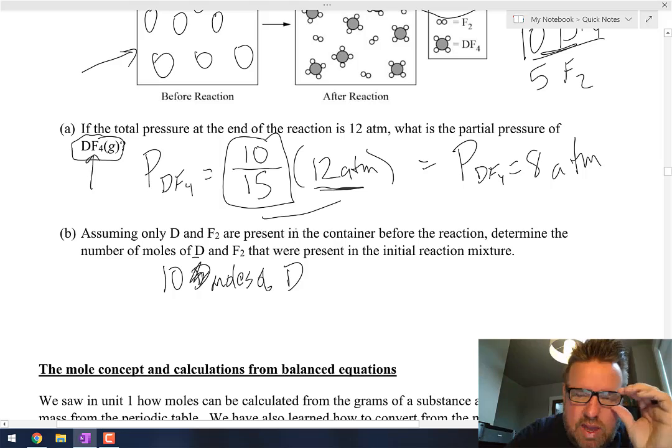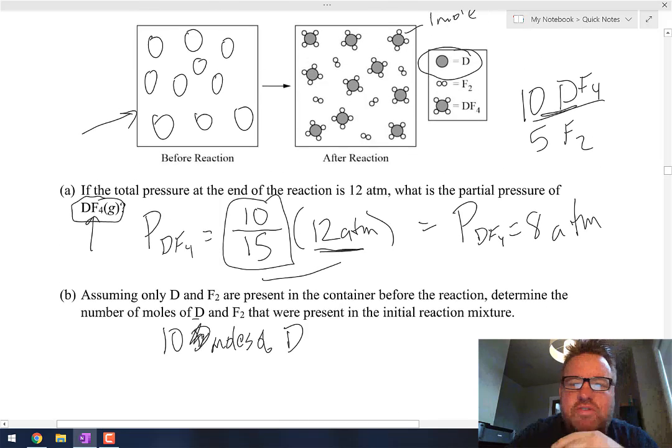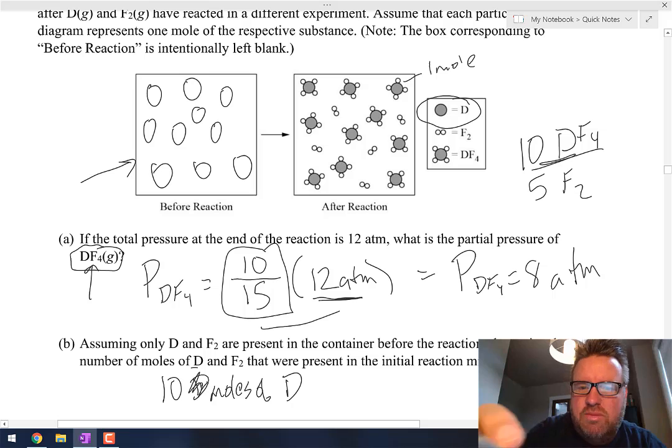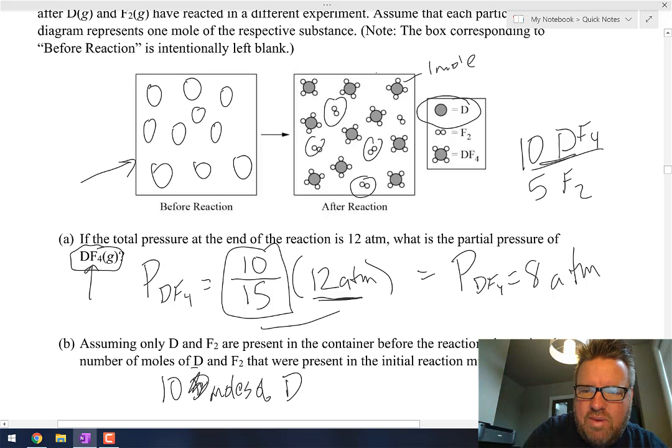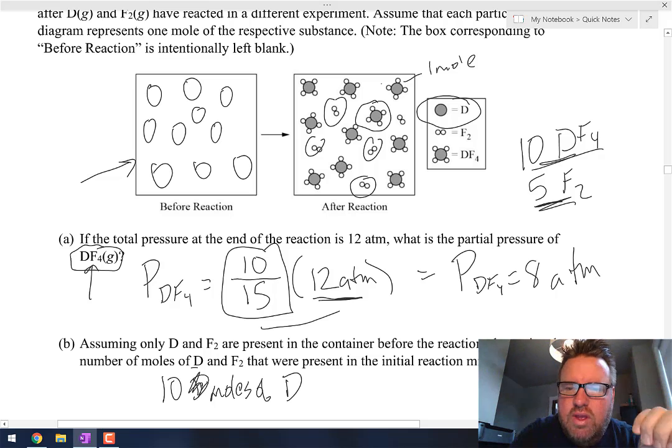In terms of fluorine, again, every atom has to be accounted for. Remember those 5 F2s that were left over. And then how many more F2s are in there on each of those D particles? Every DF4 is going to have 2 F2s.